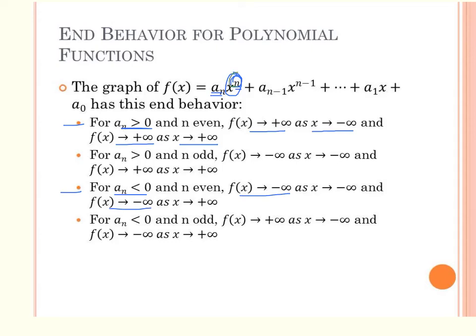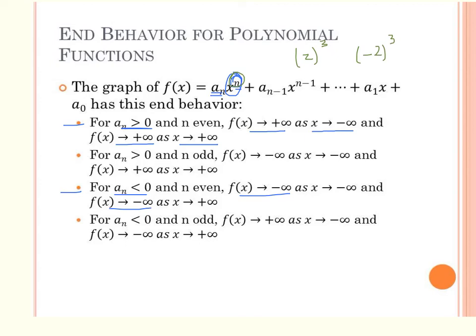So if n is odd, if I put a positive number into an odd power, it's going to stay positive, but if I put a negative number in, it's going to go negative.